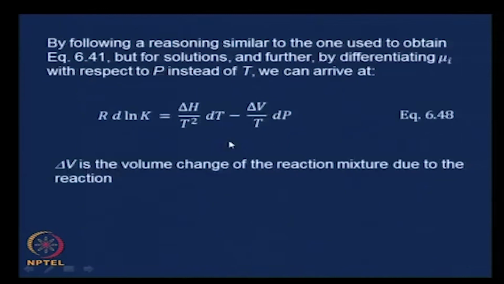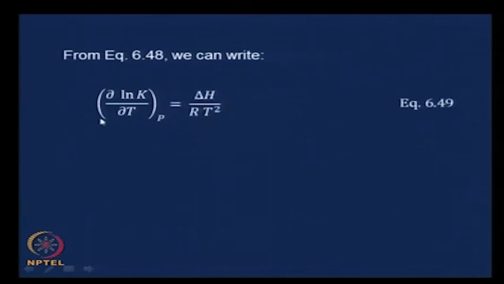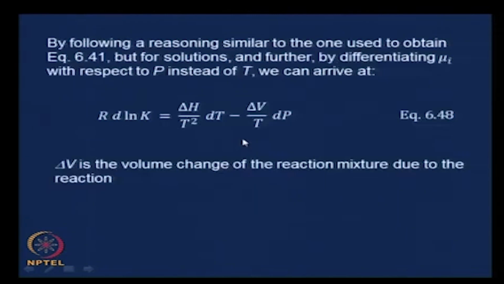From equation 648, we can write ∂ln K/∂T at constant P equals delta H by RT squared. Quite easy to see that we are writing the total derivative in terms of the partial derivatives: d ln K equals ∂ln K/∂T at constant P dT plus ∂ln K/∂P at constant T dP.